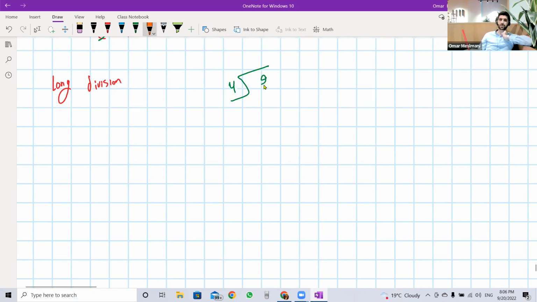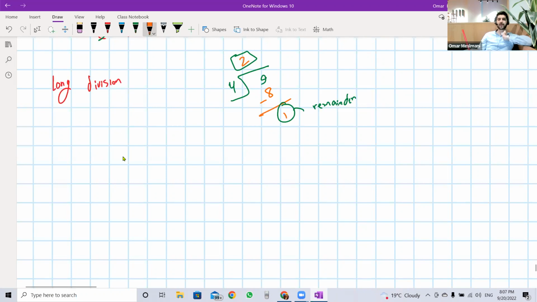You say how many 4s are inside 9. It's going to be 2. 2 times 4 is 8. You subtract, you get 1. So that's what we call the answer, and that's what we call the remainder. Any problem? No.